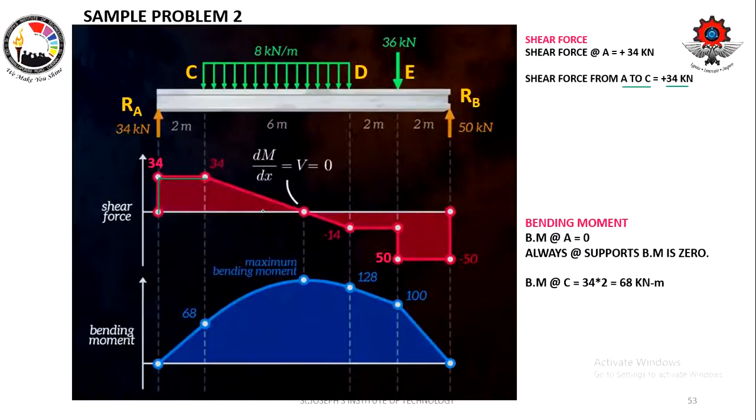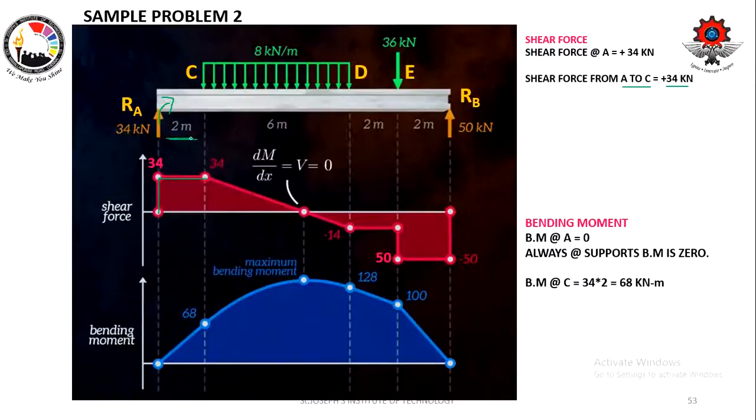Okay, next, finding out the bending moment at C. Only one force is there, that is 34 kilonewton. Taking that 34 kilonewton about this point C, this force is going to make a clockwise rotation, that is 34 into the distance.